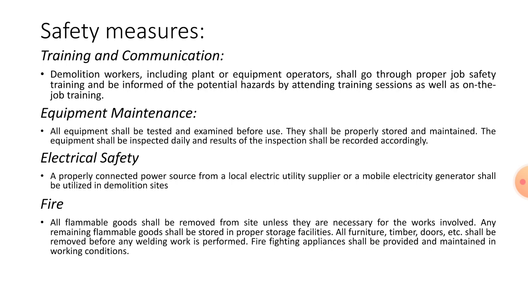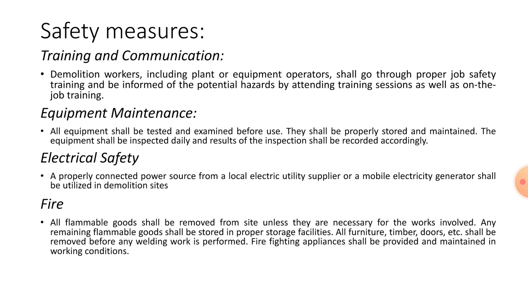So the training is very important, because each and every person dealing with the demolition must know what steps should be followed, how to follow them, and where, and proper guidance should be there for the operators. So training and communication deals with that.